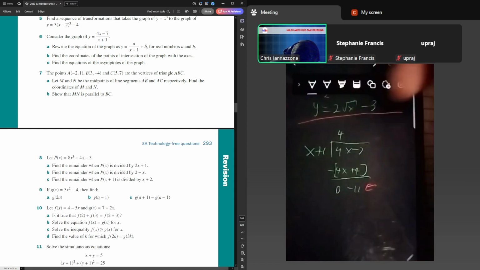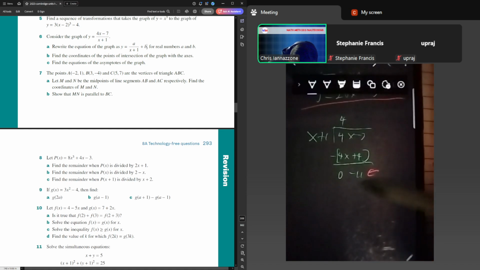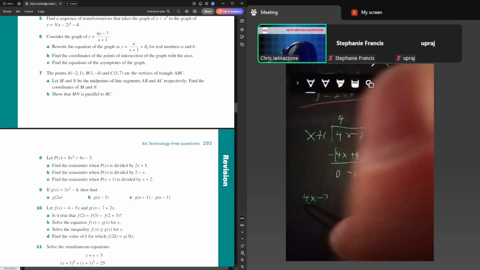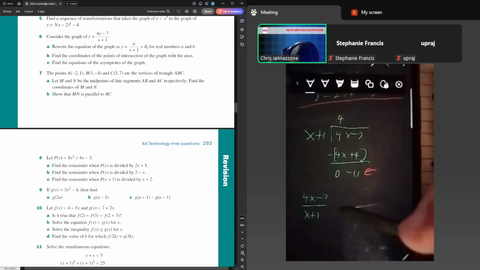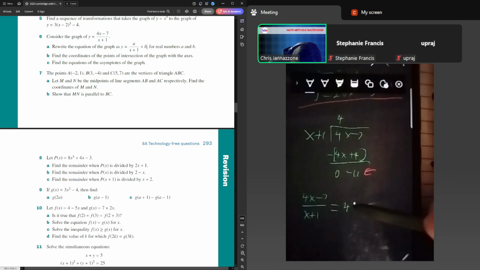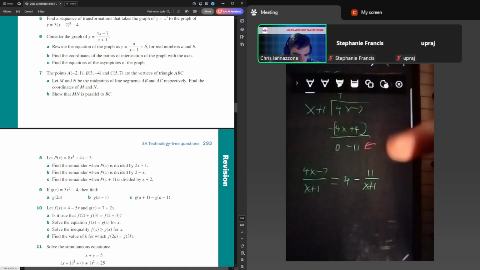The way it works is the fraction you started with, 4x minus 7 over x plus 1, is the same thing as the quotient, the perfectly divisible portion of it, plus the remainder, which happens to be negative. And all of a sudden you've got a hyperbola.